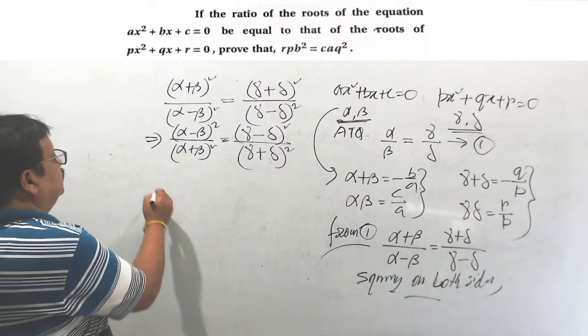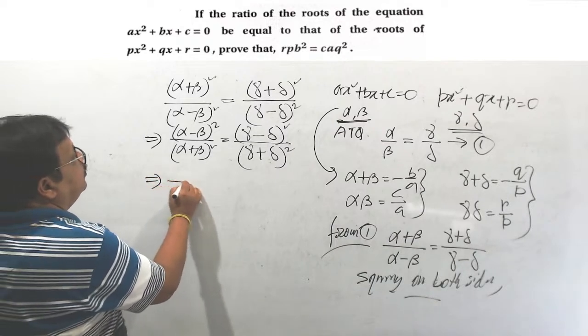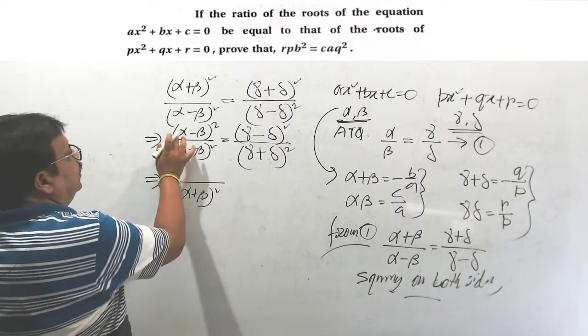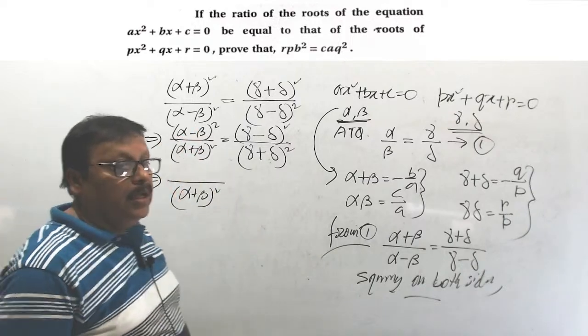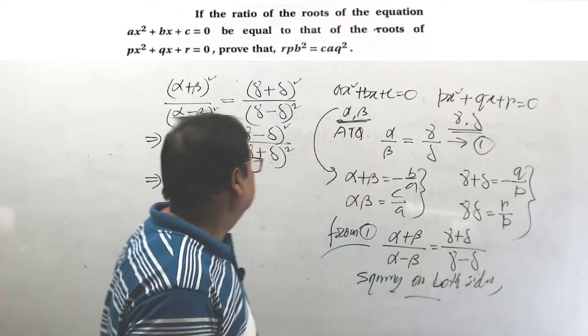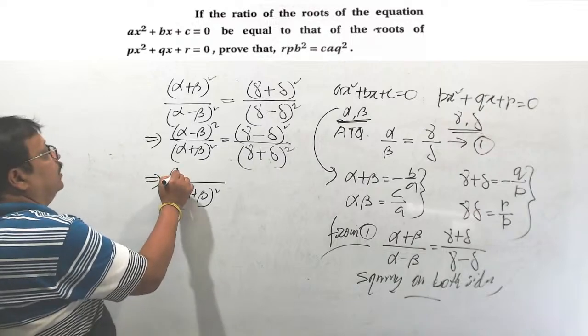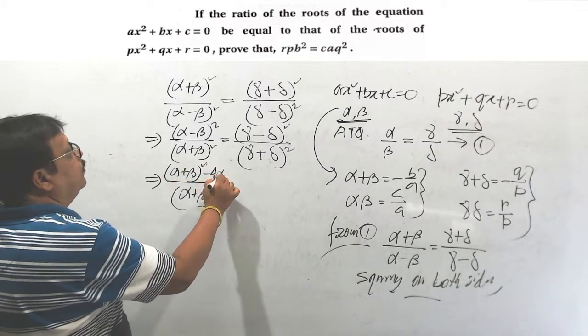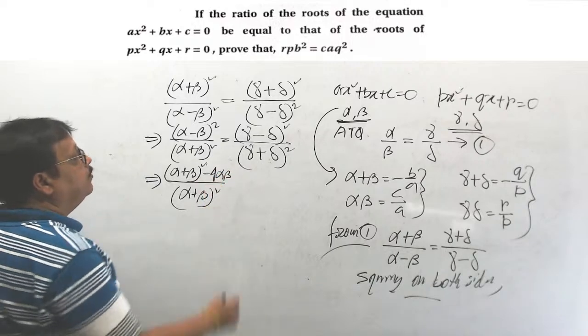Now what will you do? Alpha minus beta whole square means alpha plus beta whole square minus 4 alpha beta. Understood?